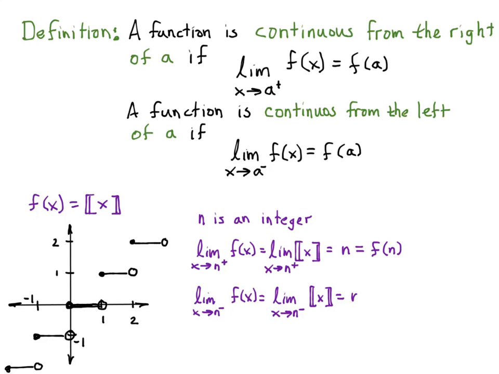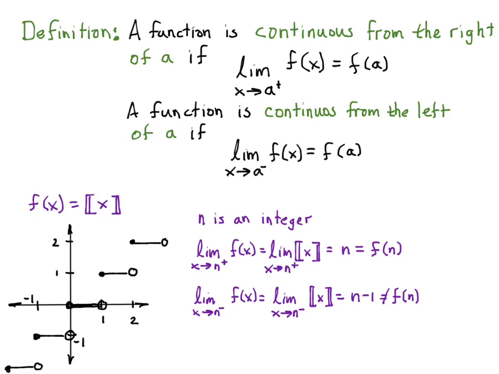Now let's look at the other case. If we go to n from the left, let's say n equals 1, we approach 1 from the left, that means we're going like 0.5, 0.6, 0.7, 0.8, 0.9, and going up to 1 that way. We'll find that the limit as x goes to 1 from the negative side is actually 0, right? Because any value like 0.9 or 0.99 or 0.999, the greatest integer function gives us a 0 back.